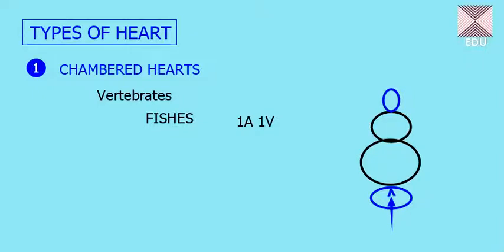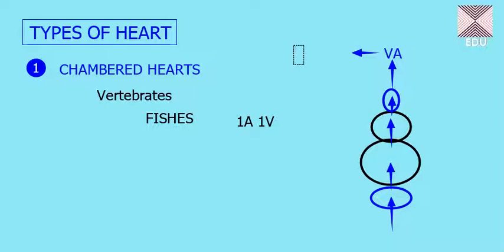From the sinus venosus it will reach the auricle, then the ventricle, then through the conus it will enter the ventral aorta. On the top here we can write, this is the ventral aorta, in which we have the deoxygenated blood. From the ventral aorta, this deoxygenated blood goes into the gills. If we go further, it will lead to the gills.